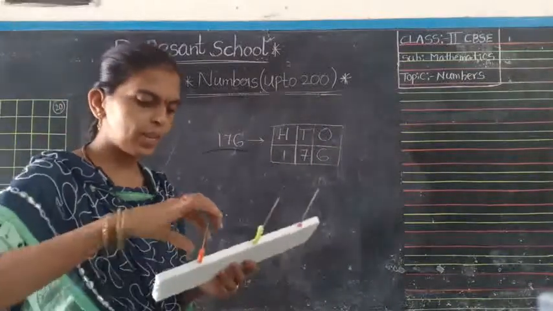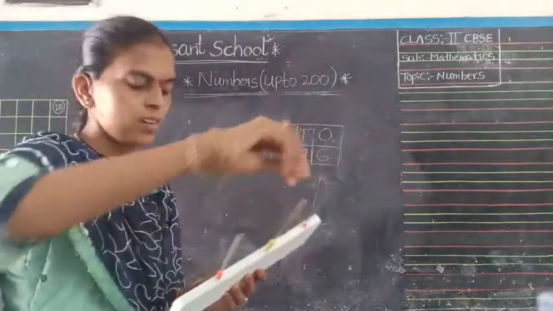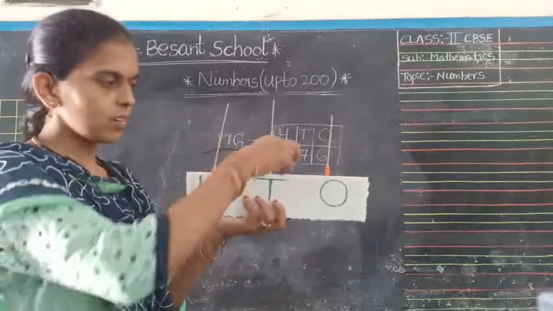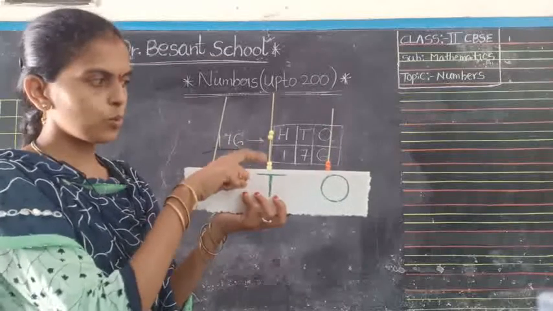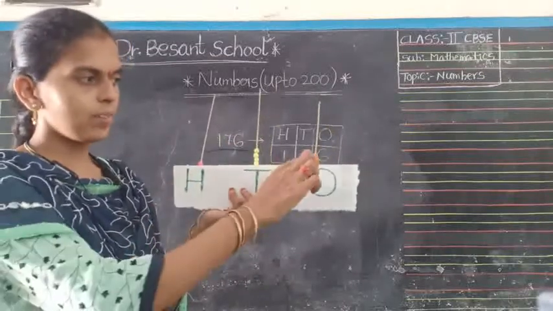Now you tell me the number for this abacus. See here, count and tell me. 1 hundred. Tens place how many? 1, 2, 3, 4. 4 tens, 1 hundred.